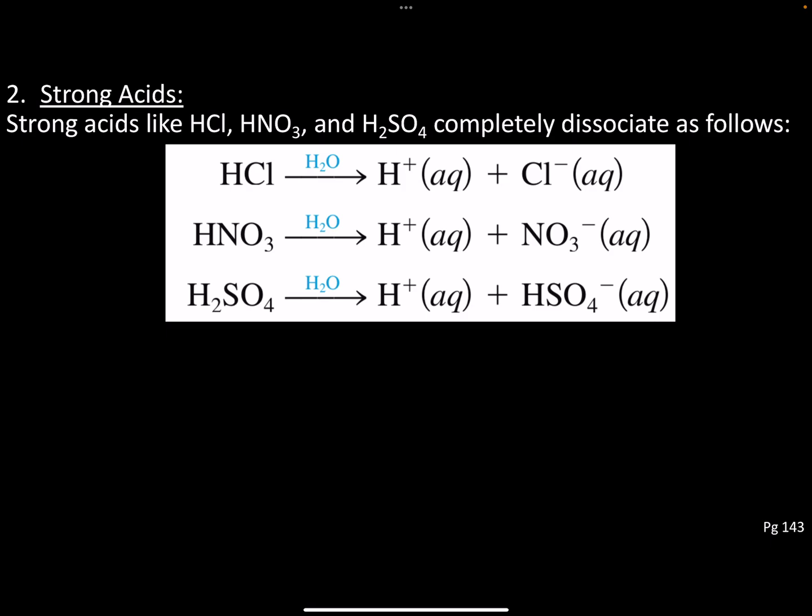Nitric acid does the same, hydrogen and nitrate ions, and then sulfuric acid does hydrogen and, oh my goodness, I can't remember that anion's name, but it separates also into its ions. Somebody can fact check that for me and comment on this video or something like that.